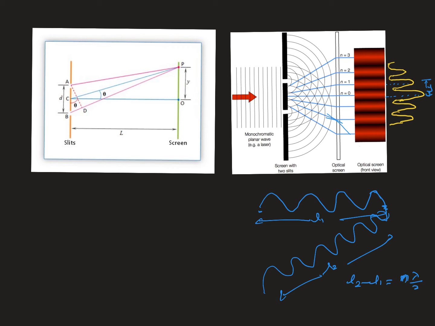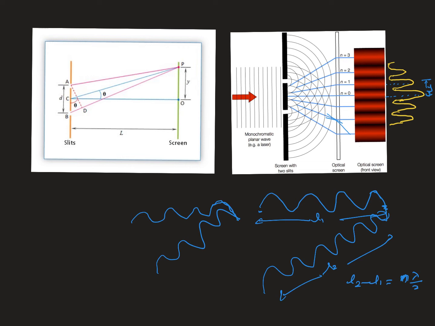If you want to make two waves interfere, that means a wave going like that and another wave going like that, they are constructively interfering although their path lengths are different.